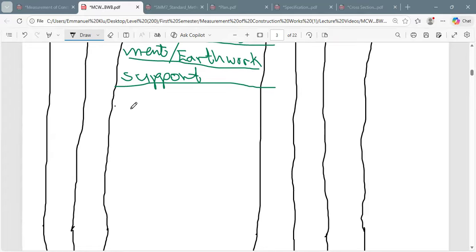Since the earthwork support is 2, it means that our length of excavation was, let's say, 4.4955. We also have the other one to be 2.995.